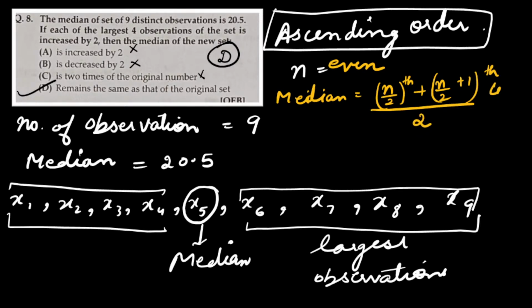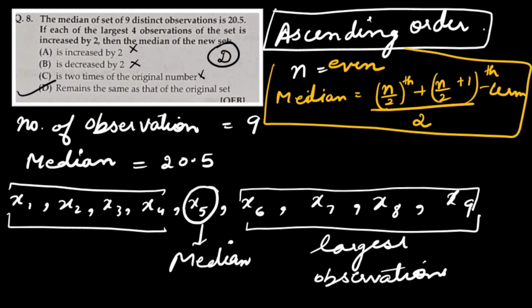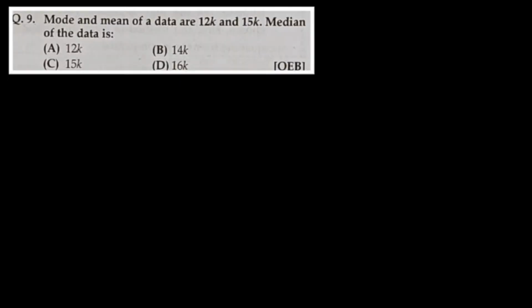So that is the median when the number of terms is even. We'll come across this type of question also, and at that time I'll do it. As of now, you can just make a note of the formula for calculating median when the number of terms is even. Let's do the next question now.